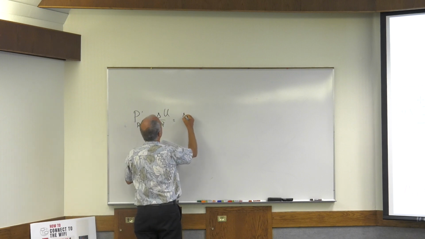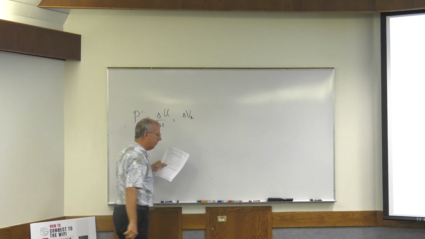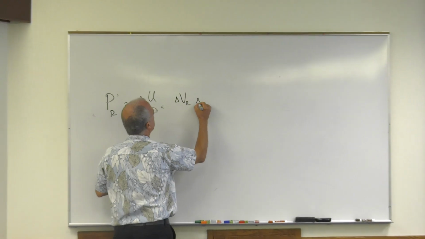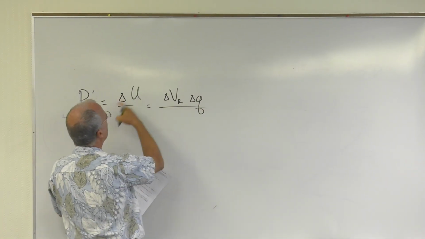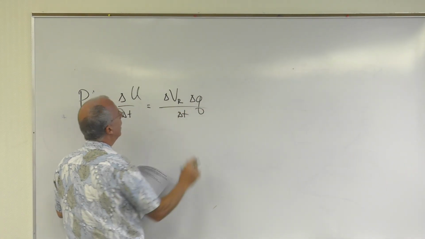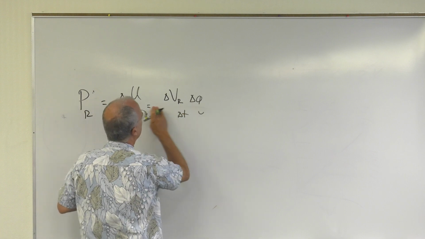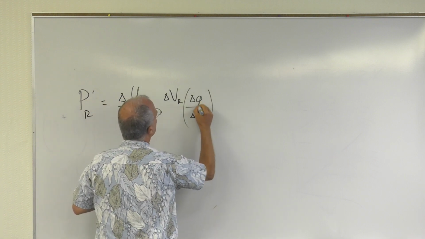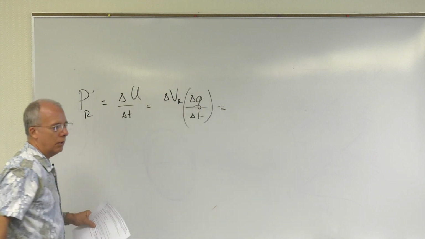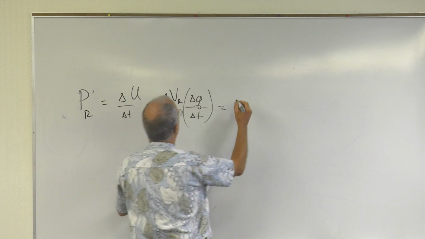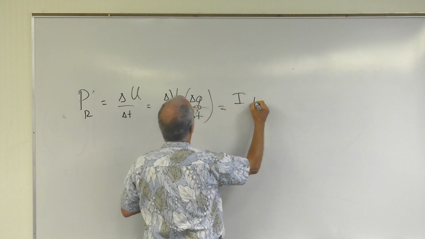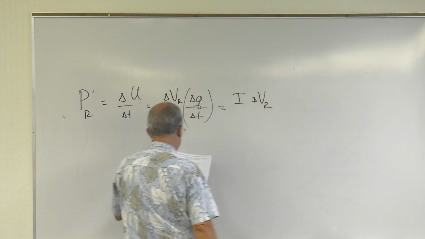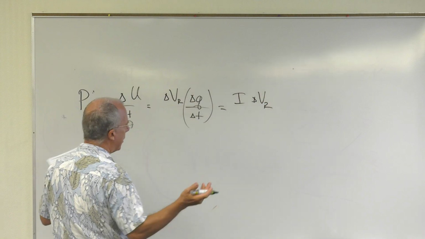So we have delta V resistor, then delta Q, so that's your delta U. Then we divide by delta T. What's delta Q over delta T? It's I. So we have I times delta V_R. Okay, so that's one equation.